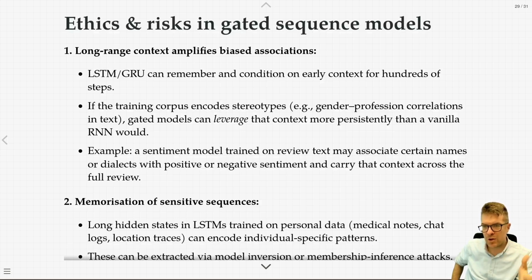And again, real-world data sets like text can carry all kinds of correlations, including gender-profession correlations that can be deeply remembered or amplified in gated RNNs in a way that RNNs might overwrite and forget. This is speaking very loosely. This is a risk that we have to be aware of.